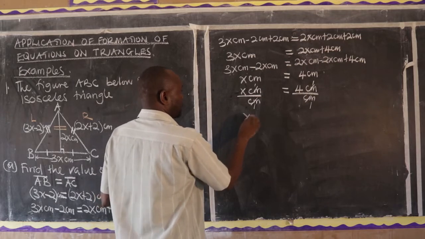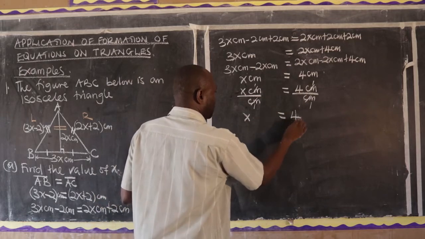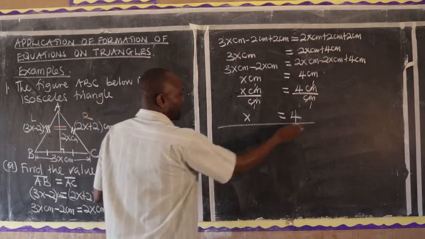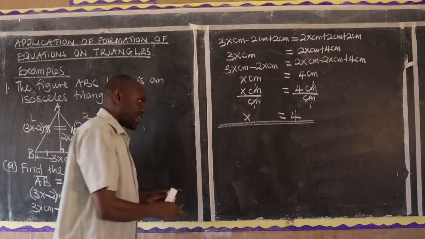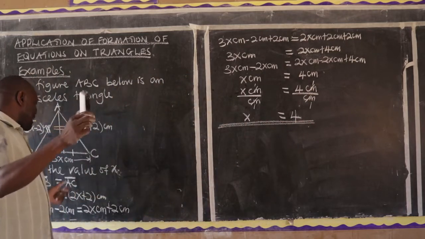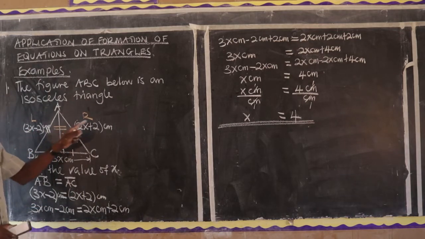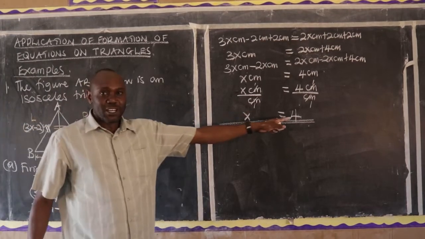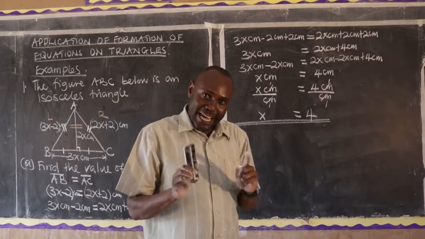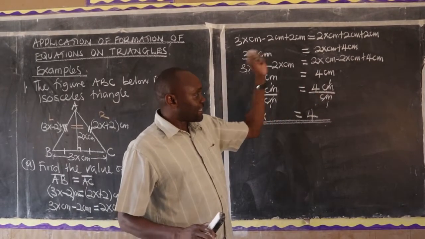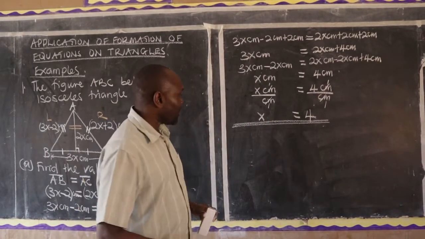So our x will give us a 4. So candidates, that is the value of x. And that's why the other time I told you, when you see brackets, the answer should not have the centimeters. So you can see how centimeters has disappeared.